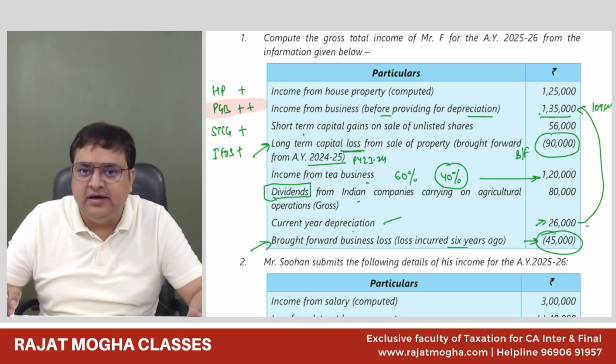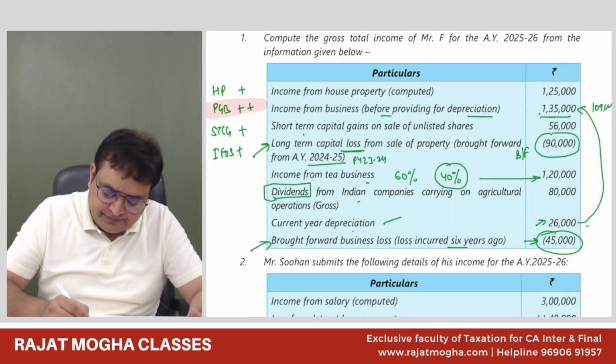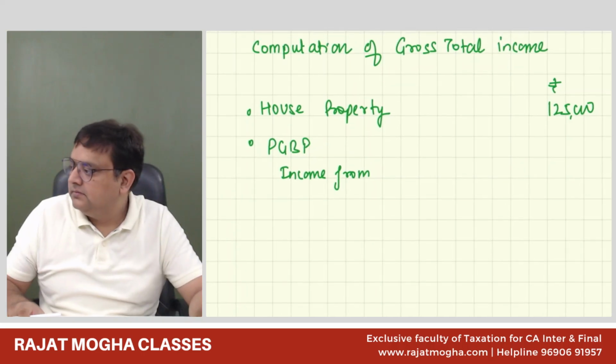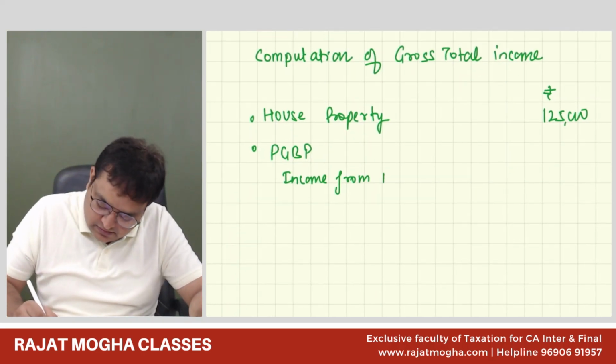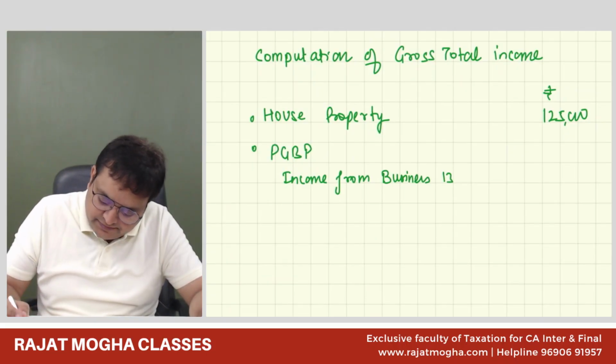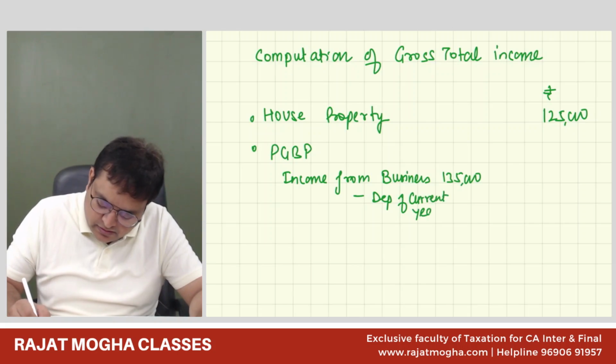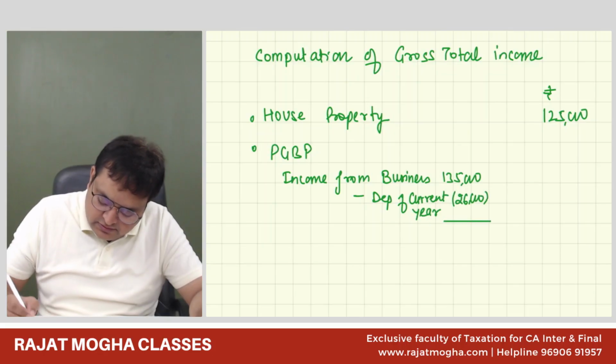So I will set off the current year expenses, depreciation. Income from business 1,35,000 minus depreciation of current year, 26,000. So this is 1,09,000.